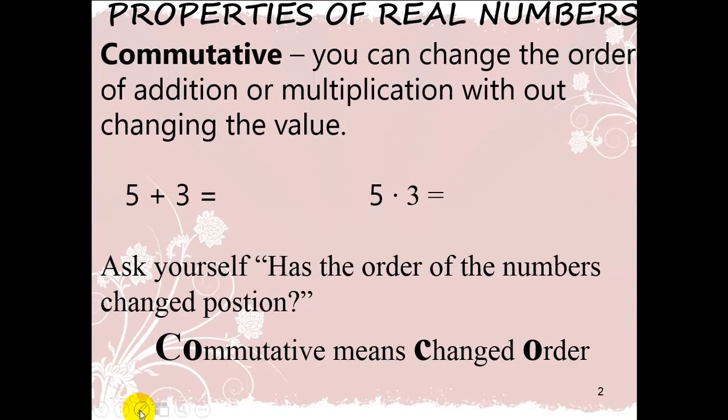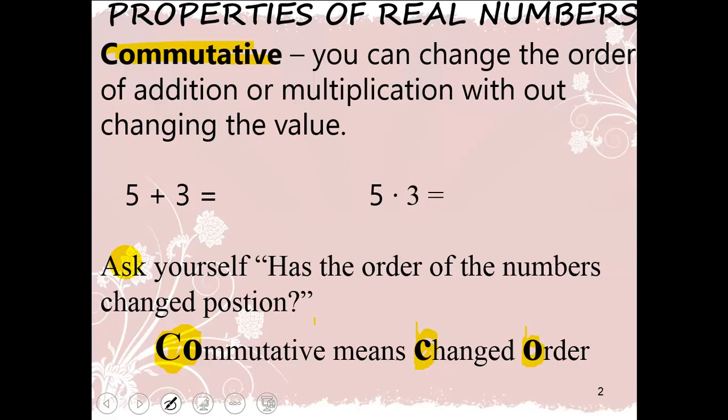The first property we're going to talk about is the commutative property. Think about CO, the first two letters of commutative, and think about change the order. Basically what this says is that you can change the order that you add or multiply numbers together without changing the value.